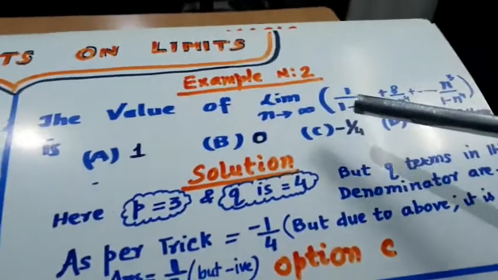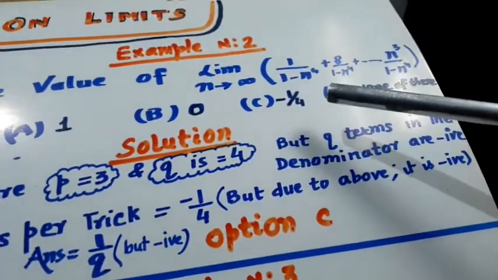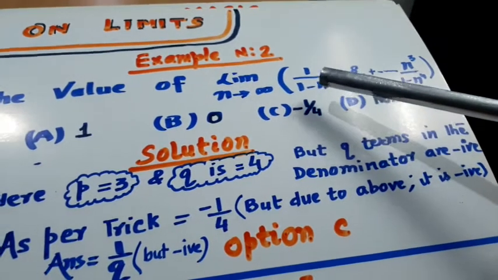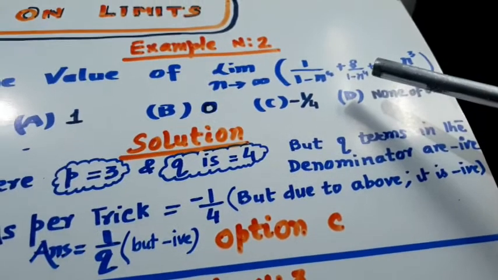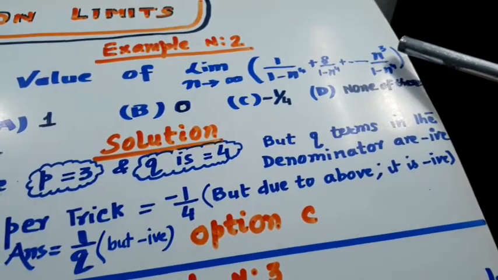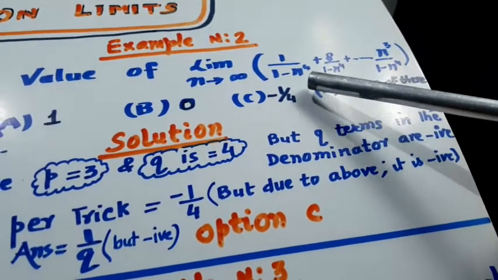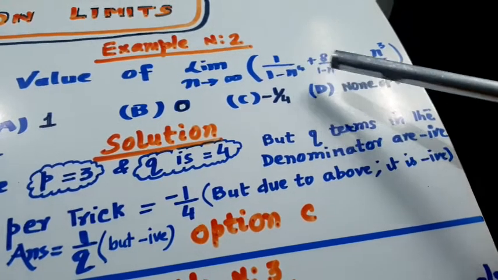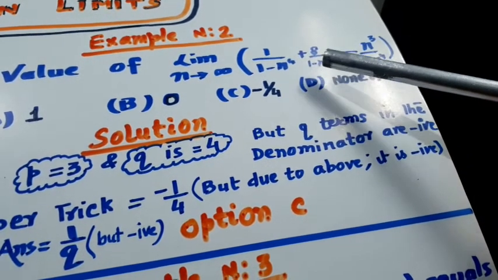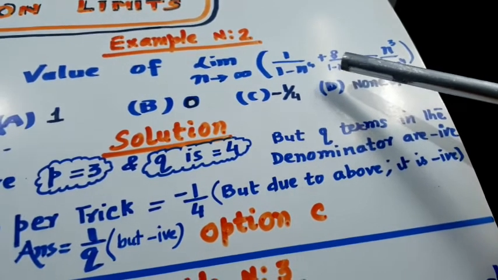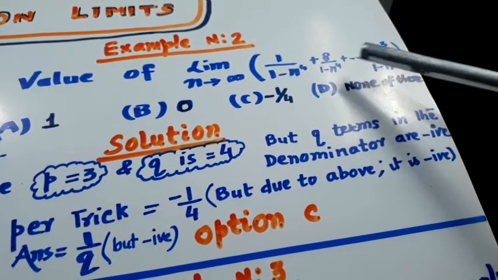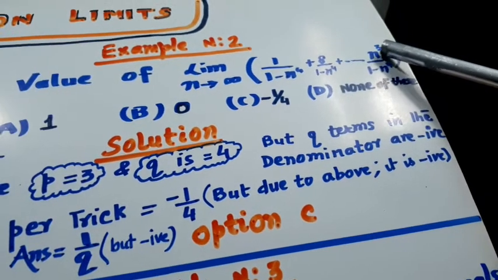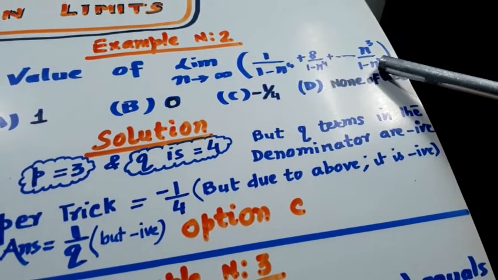The value of the limit n goes to infinity. Same type of question is there. It is 1 over 1 minus n square plus 2 over 1 minus n square and so on, n square over 1 minus n square, here it is 1 over 1 minus n4, 2 over 1 minus n4, 8 over 1 minus n4 plus so on, n cube over 1 minus n4.